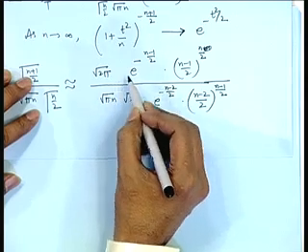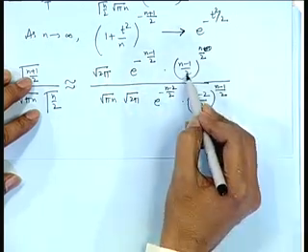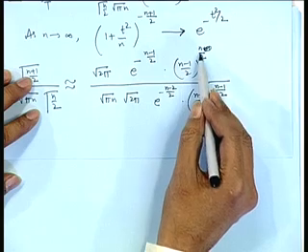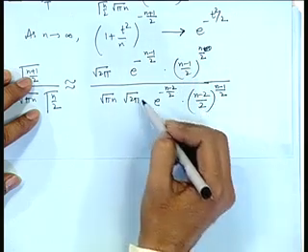So, we can do some simplification, this root 2 pi etcetera will cancel out, and here you have 1 by 2 to the power n by 2 and 1 by 2 to the power (n minus 1)/2. So, 1 root 2 will come here.